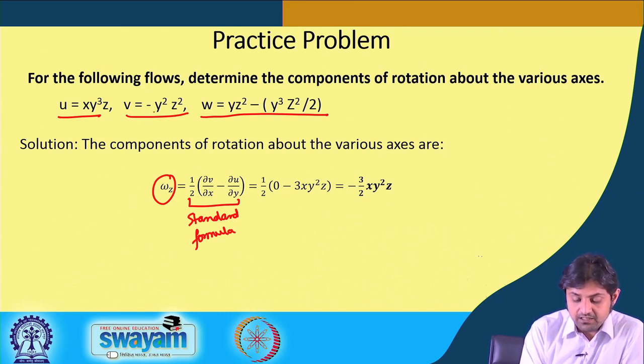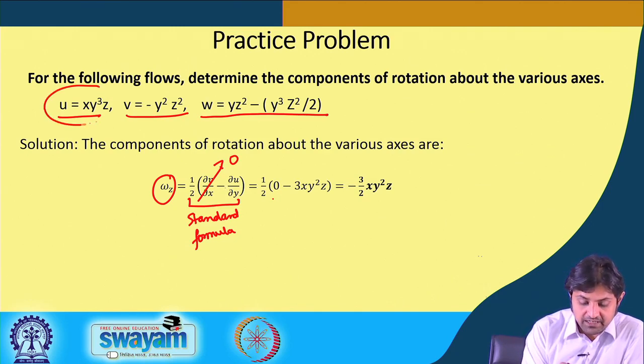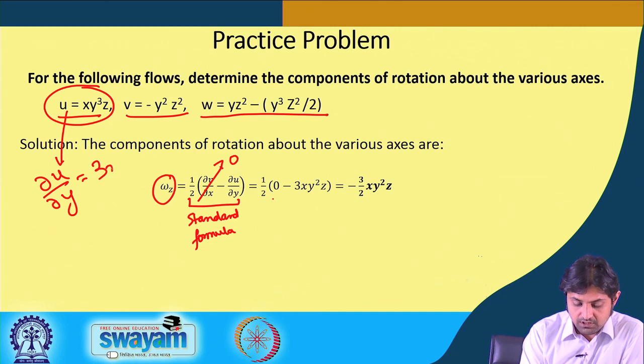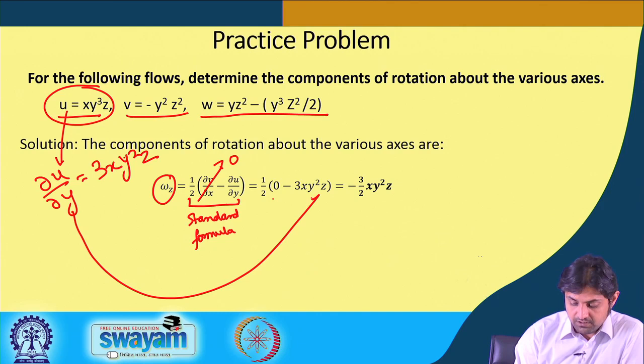So, del v is not a function of x. So, del v del x will be 0 here. So this will be 0, right? Now del u by del y. So from here del u by del y is going to be 3x y square z, and this is what has been written here, and this 0 has been written here.